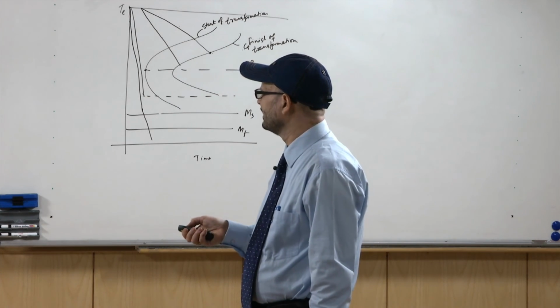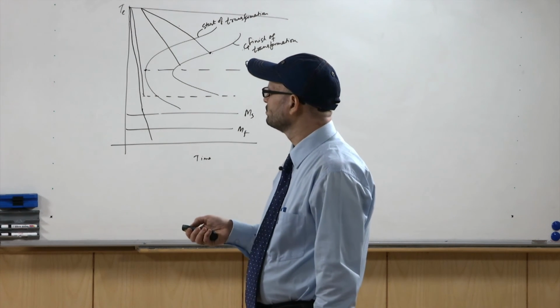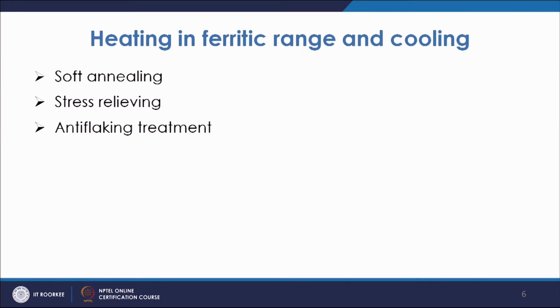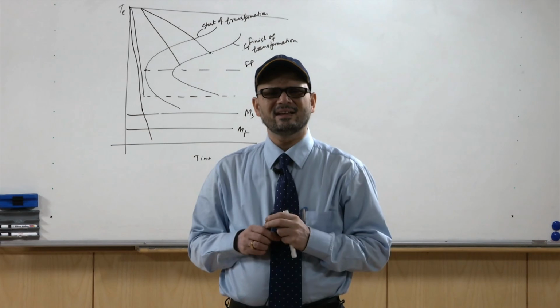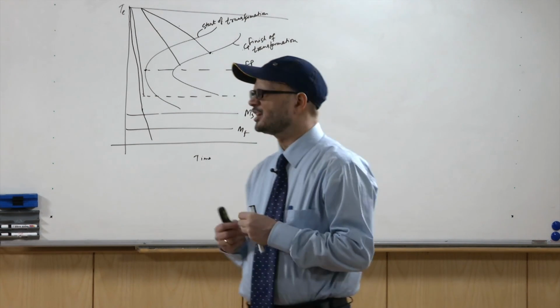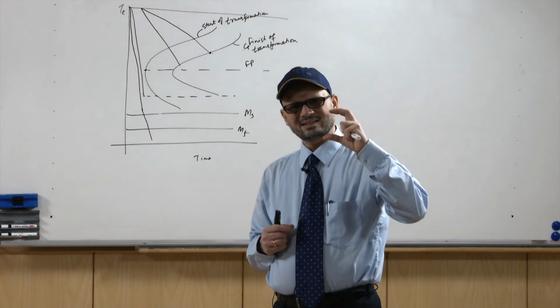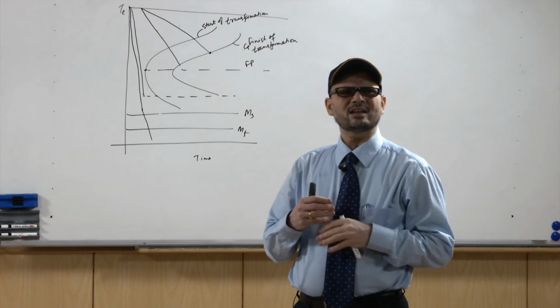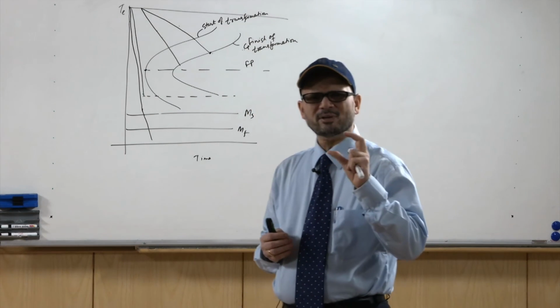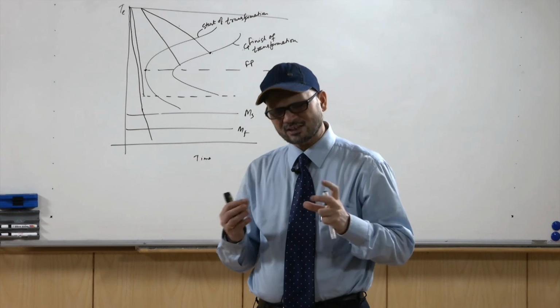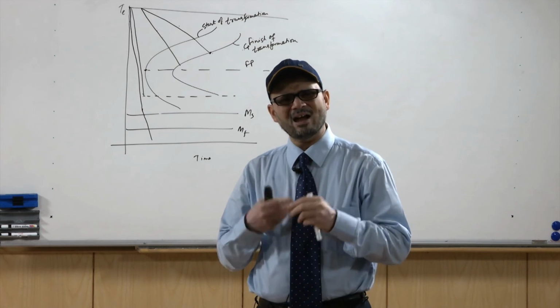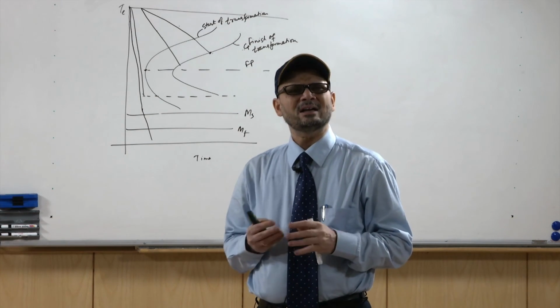Anti-flaking treatment is done to remove the hydrogen which is locked in. Basically, if hydrogen is there inside, it may lead to stresses and cause cracks, which are known as flakes. Because of the presence of hydrogen, these flakes are formed. So, you have to remove this hydrogen.